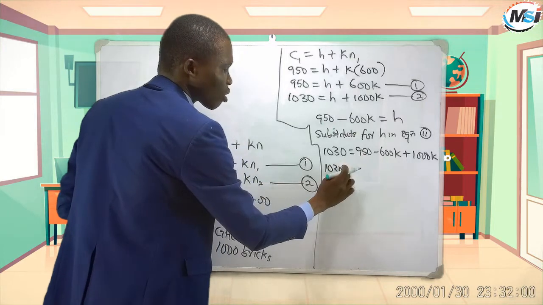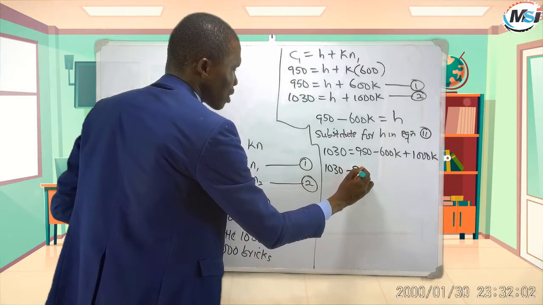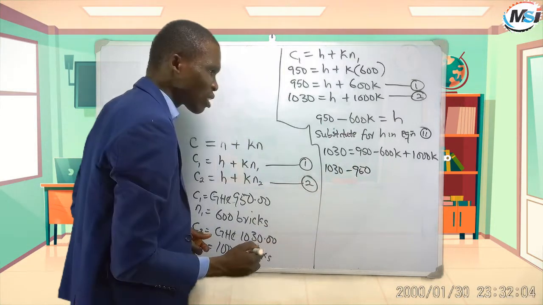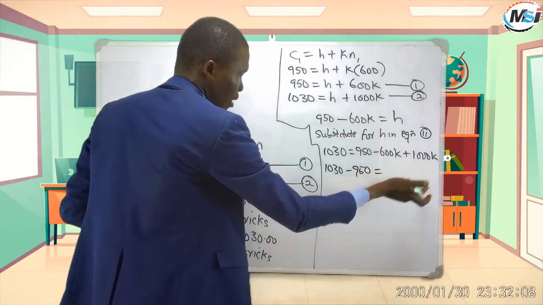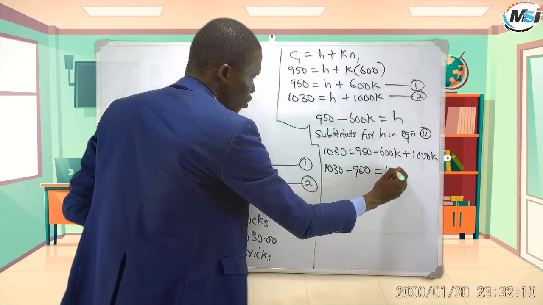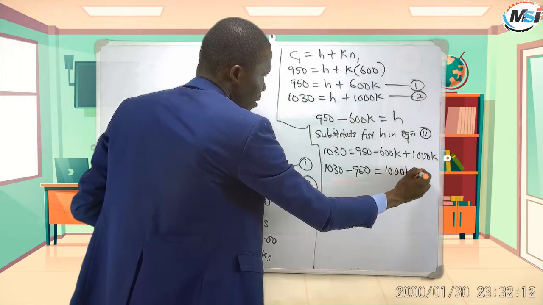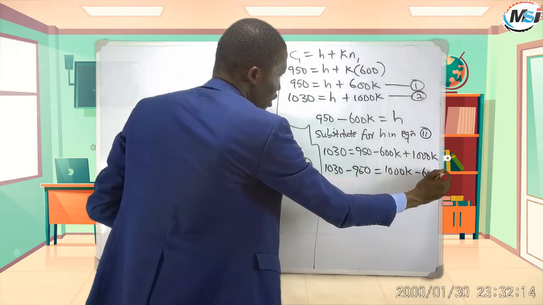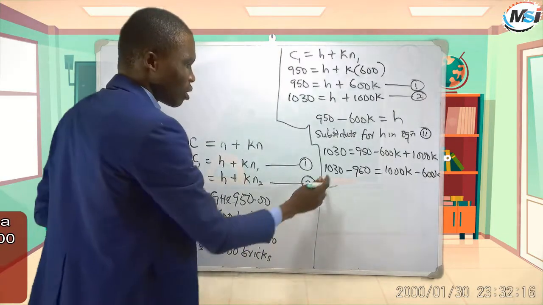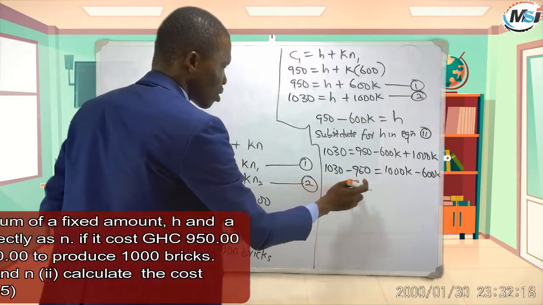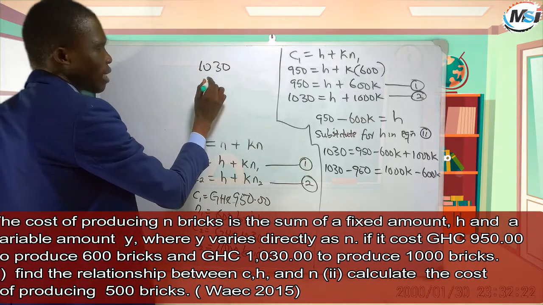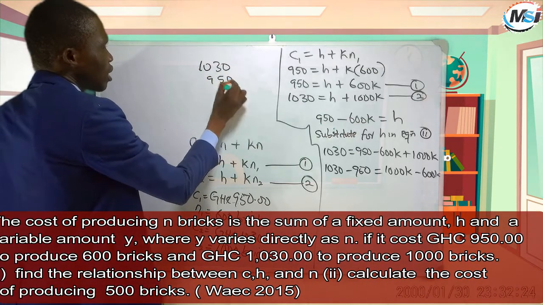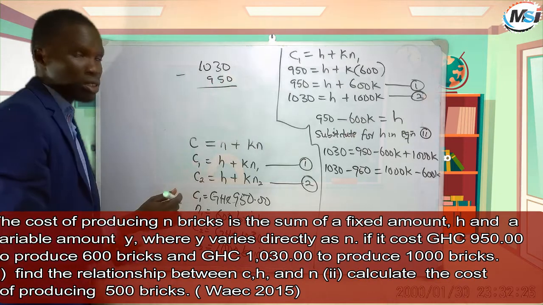When this one crosses to this side, it turns to minus 950, and here we can write 1000K minus 600K. So this minus this, we are going to have 1030 minus 950.